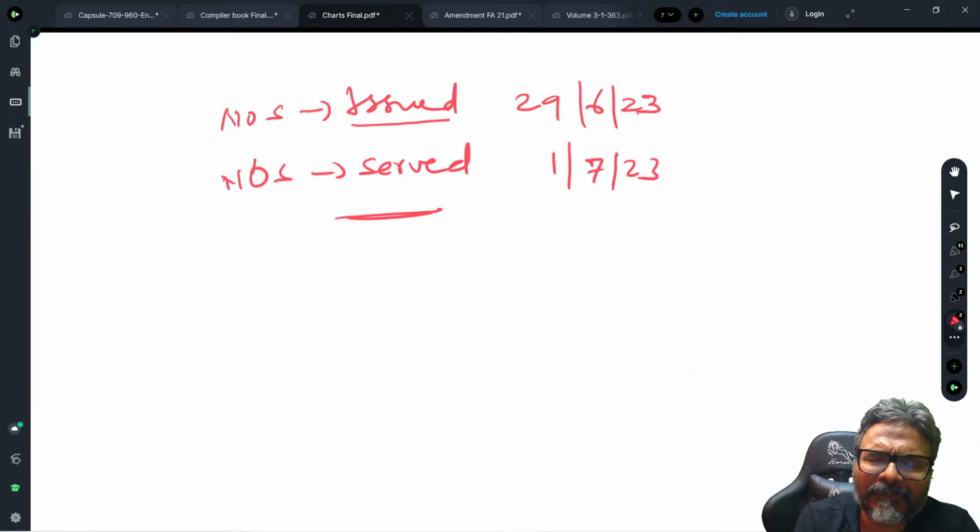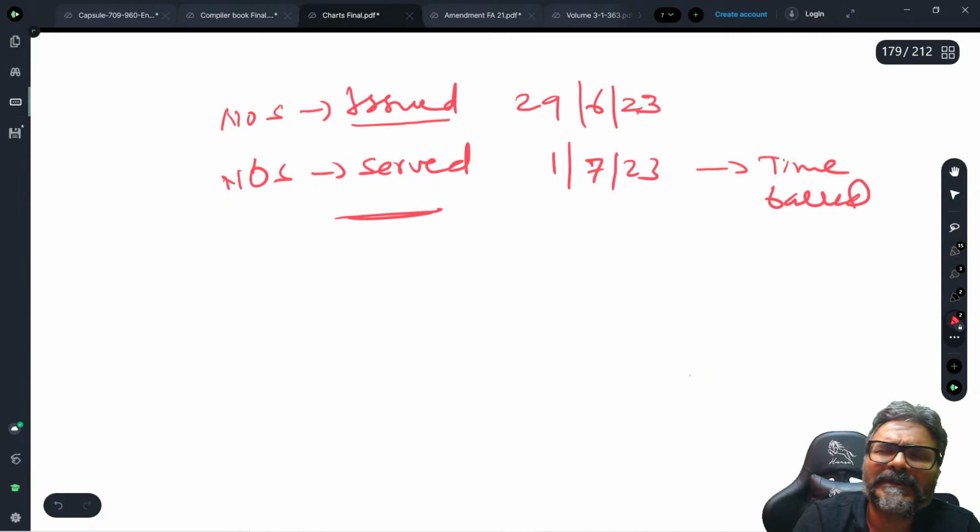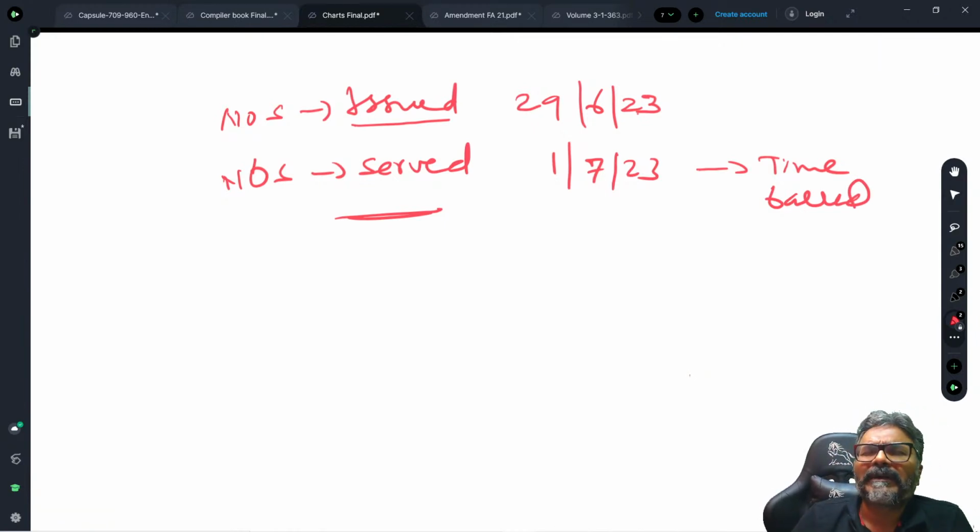So what would have been the last date of service? The last date would have been 30th of June. But actually it got served, served meaning received, on 1st of July. So obviously this is a time barred case. And if it is a time barred case, the SSC should not have complied with this notice of scrutiny.